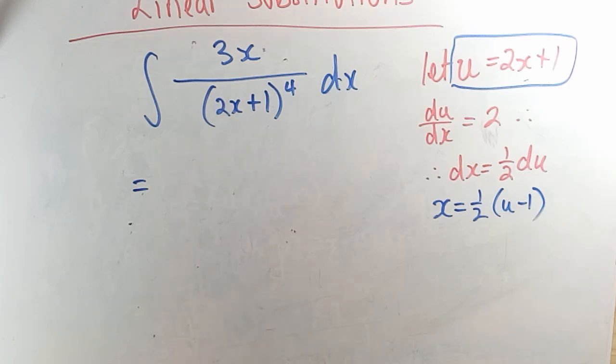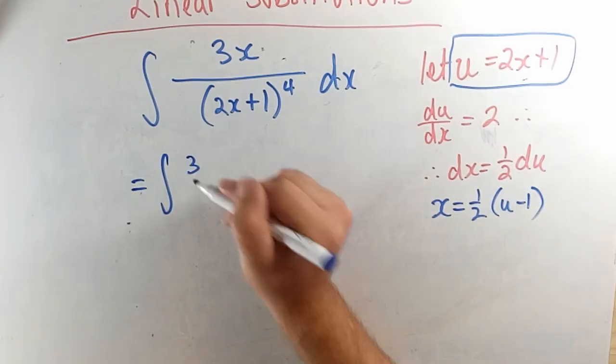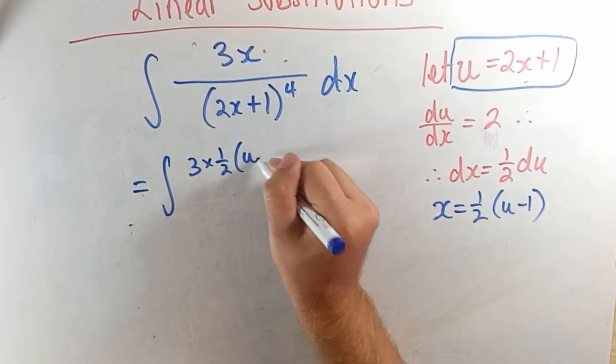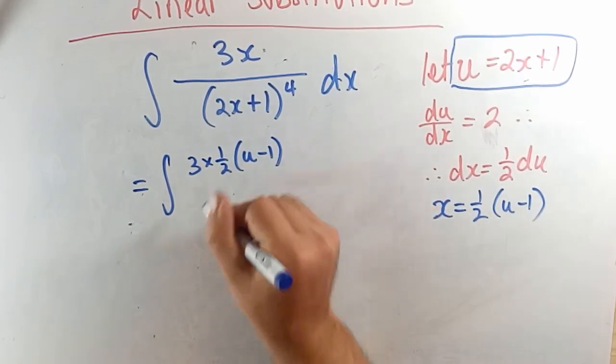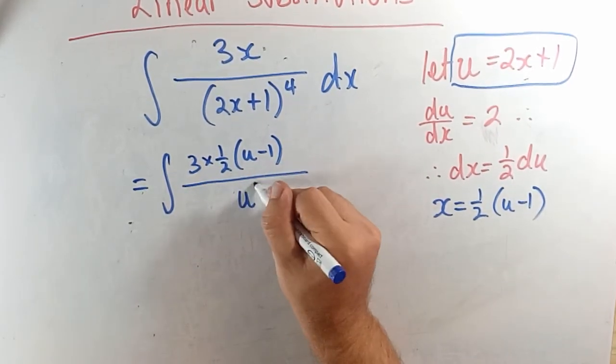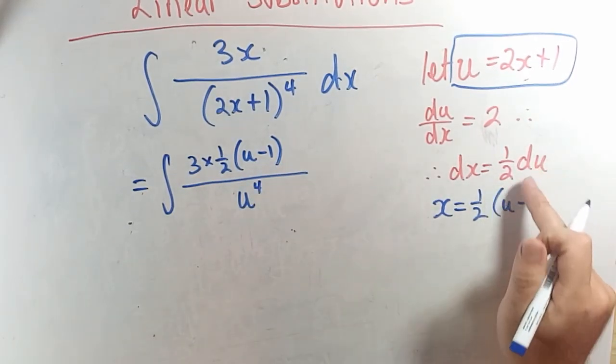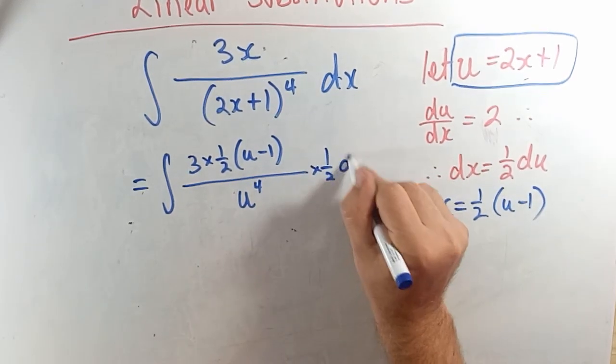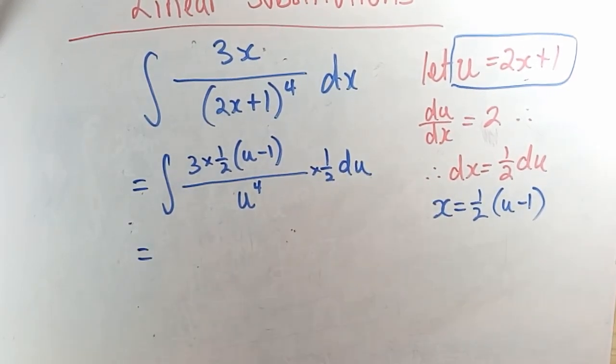So now, what have I got? I've got 3 times 1/2 of u minus 1, over u to the 4, times 1/2 du. Now that we've substituted it all in, we've got this.